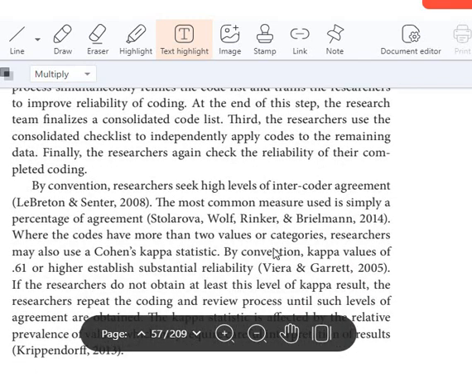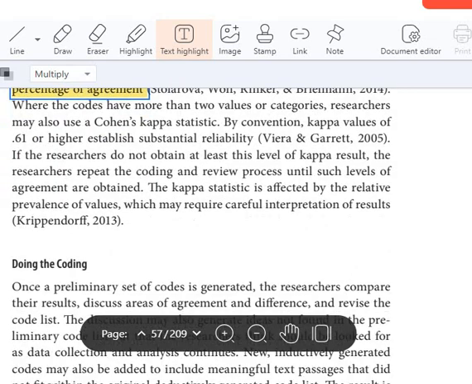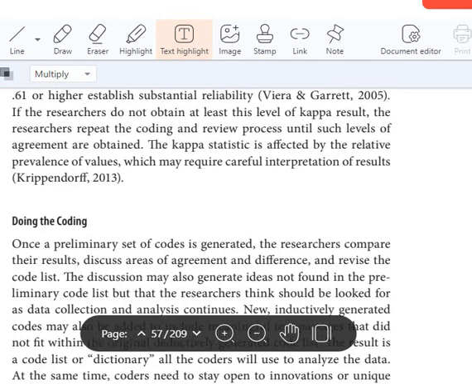Here researchers seek high levels of intercoder agreement. The most common measure used is simply a percentage of agreement. If the codes have more than two values or categories, researchers may also use a Cohen's kappa statistic. By convention, kappa values of .61 or higher establish substantial reliability for the research, which is so good.